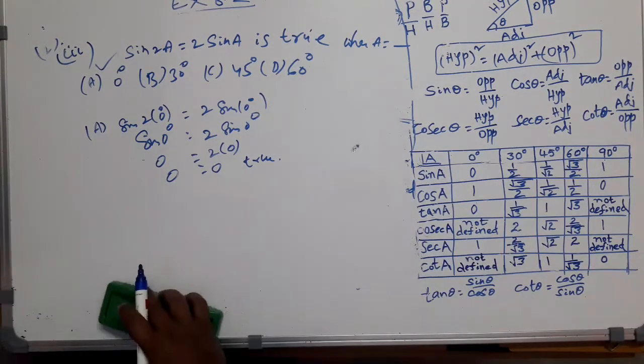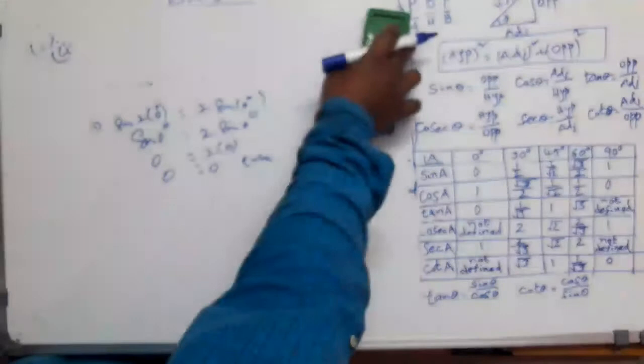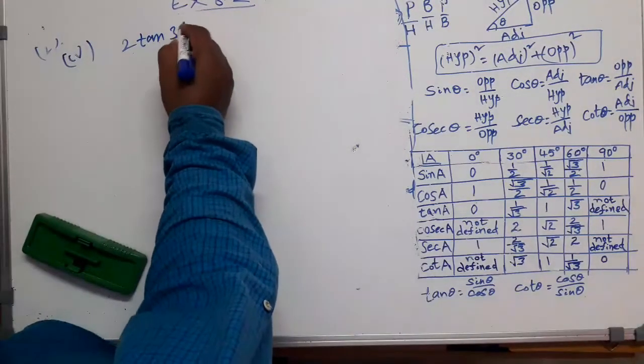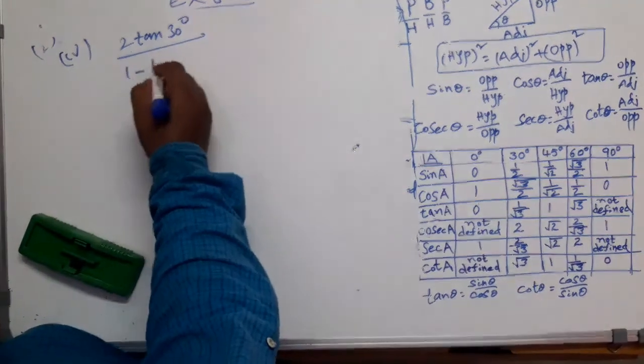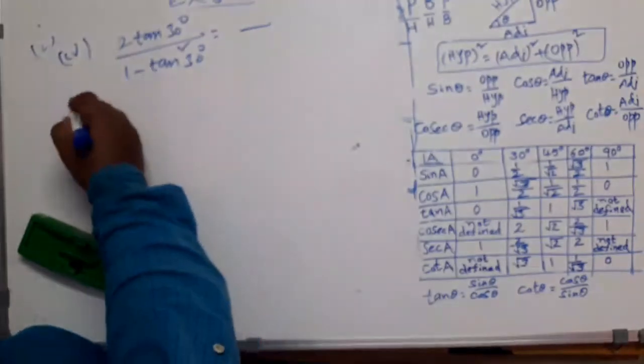Let us see the next question, part 4 of question number 2. 2 tan 30 degrees upon 1 minus tan square 30 degrees is dash.